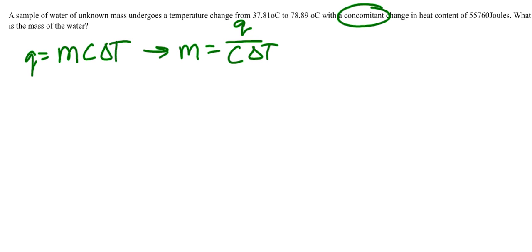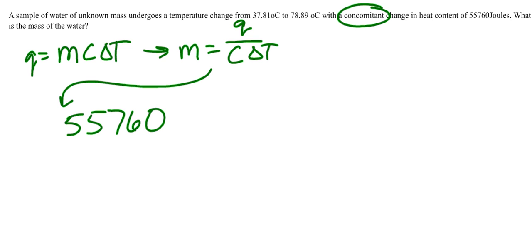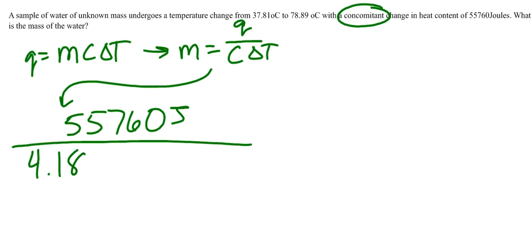So as I'm doing this, I'm going to plug in my Q value. So I'm going to go ahead and move this down here. Okay? Q is 55760 joules. Right? And I'm going to have C, which is 4.184 joules per gram degree Celsius.